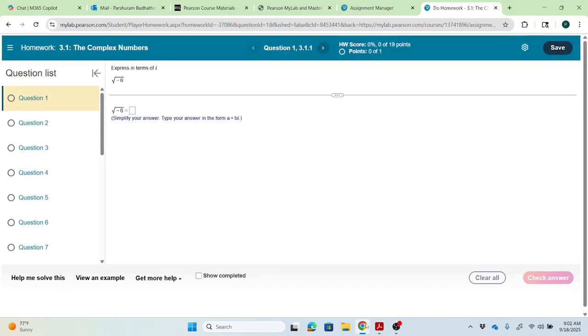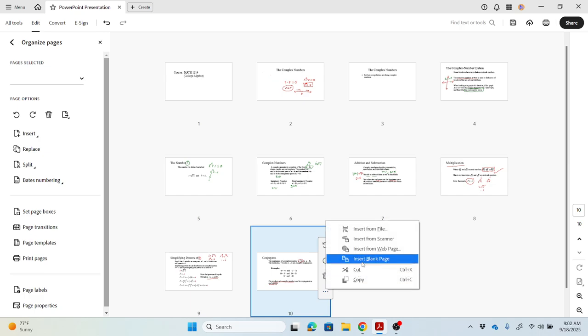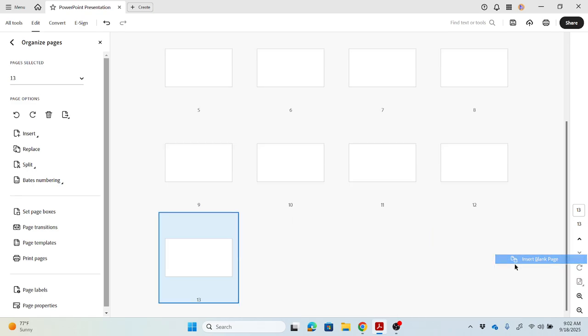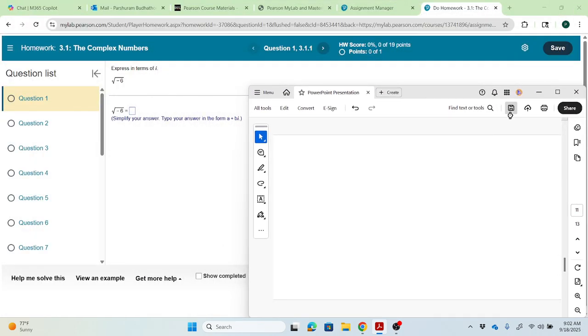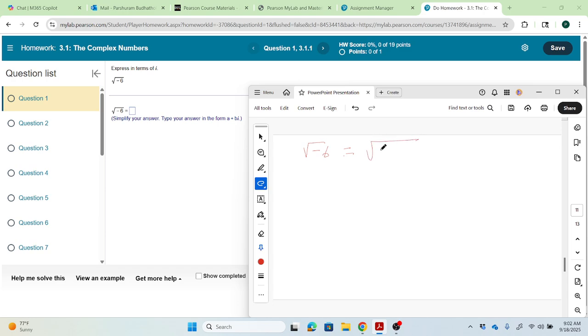So let's look at some examples from your homework problem. Express in terms of i. So what is the square root of -6? You want to express square root of -6 in terms of i. We can divide that into two different pieces. So square root of -6 can be written as square root of 6 times -1.